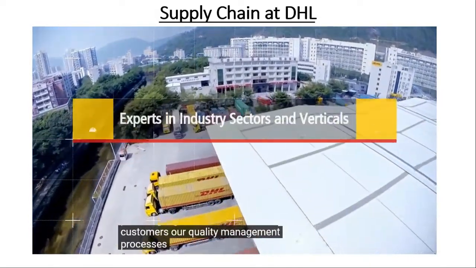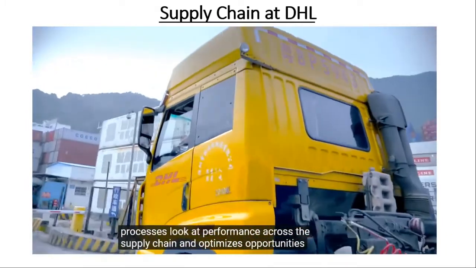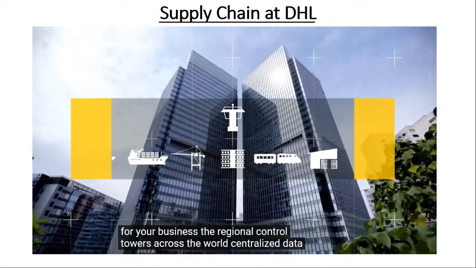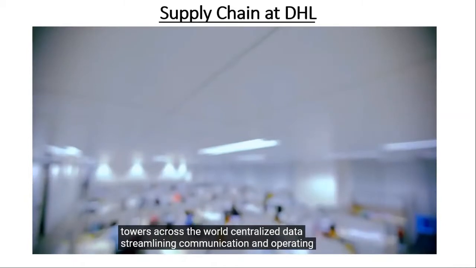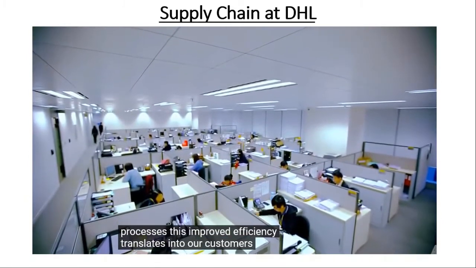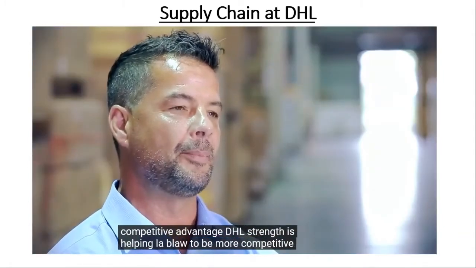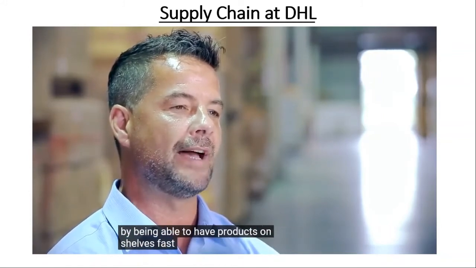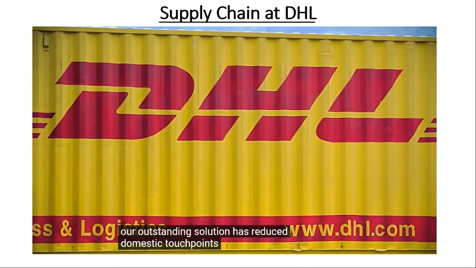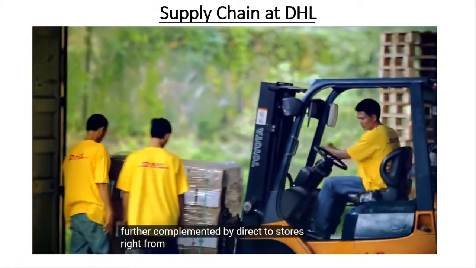Our quality management processes look at performance across the supply chain and optimizes opportunities for your business. The regional control towers across the world centralize data, streamlining communication and operating processes. This improved efficiency translates into our customers' competitive advantage. DHL's strength is helping Loblaw to be more competitive by being able to have products on shelves fast, fresh, and at value prices. Their outstanding solution has reduced domestic touch points and handling, direct flow to regional distribution centers, further complemented by direct to stores right from Asia.